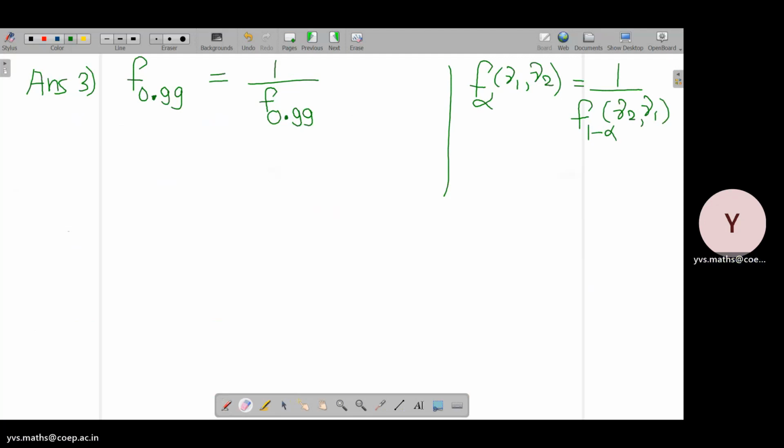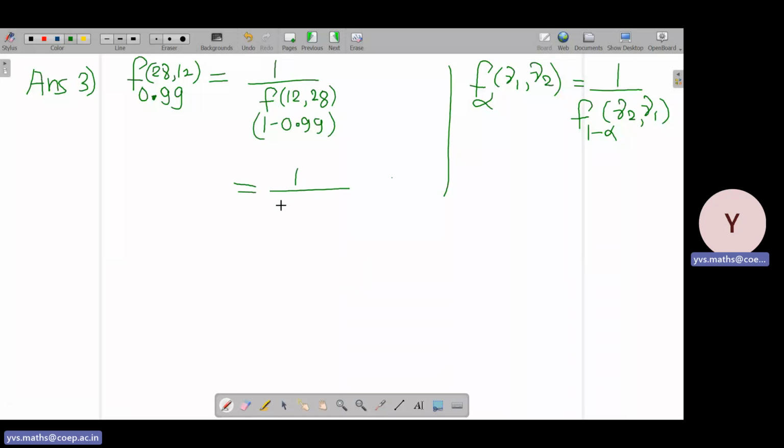So here we take 1 minus 0.99. Here you have 28 and 12 degrees of freedom, and I'll take the flipping of those degrees of freedom as 12 and 28. So therefore this is 1 upon f suffix 0.01 for 12 and 28 degrees of freedom.